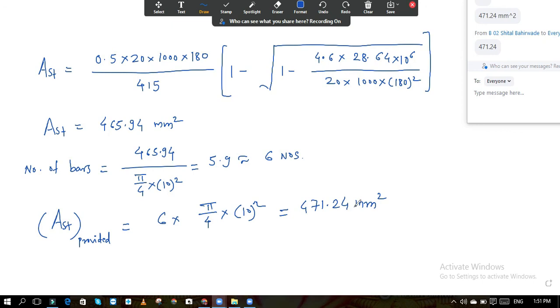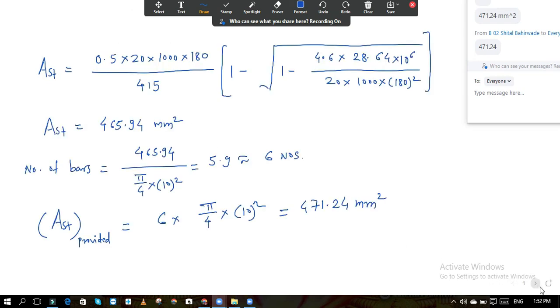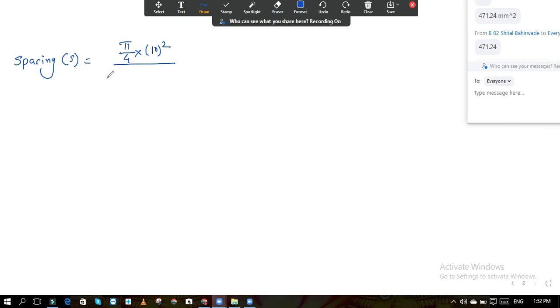Okay. So now we know the AST provided. So calculate the spacing. Spacing S is equal to area of single bar divided by AST provided 471.24 into width.